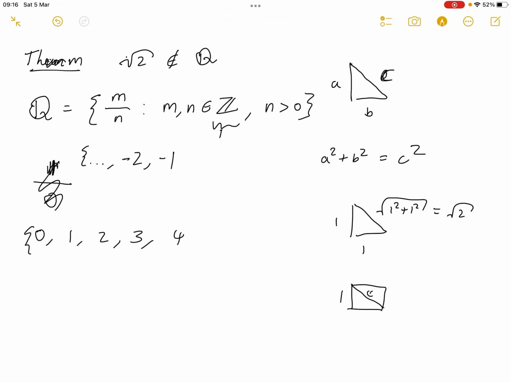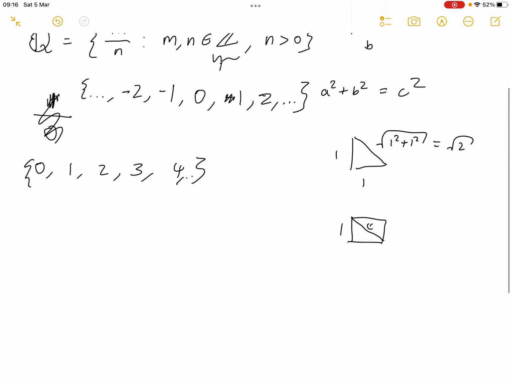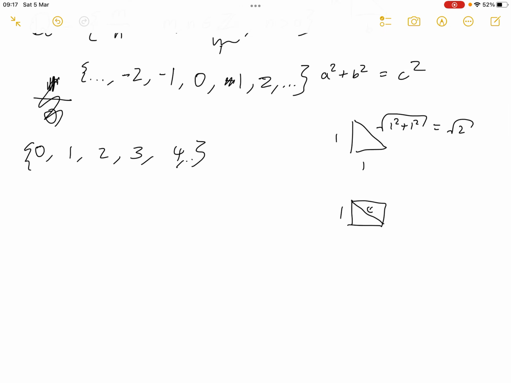Okay, these are whole numbers, and so on. But if we allow for negative numbers too, then we get the integers. So that's all it is. It's the whole numbers, but we allow negative numbers too. So this is positives, and so on.